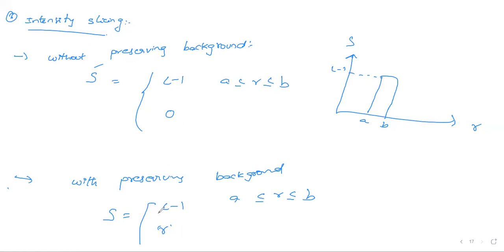For the remaining range we put the input image only. Then the graph looks like this, r and s, this is a, this is b.